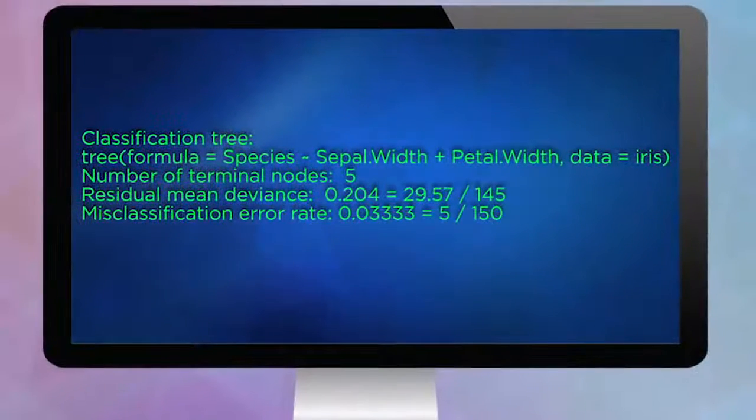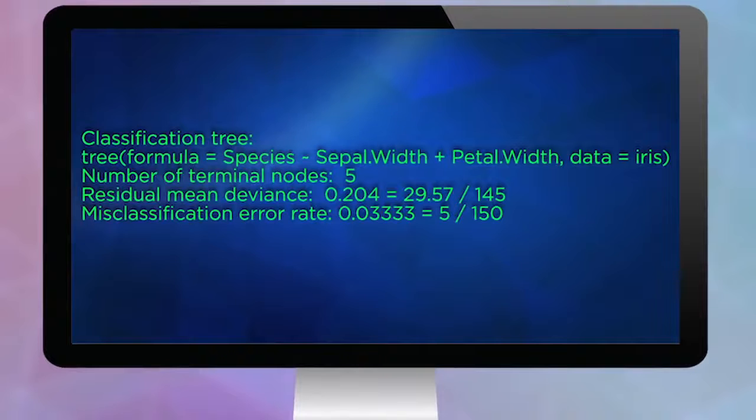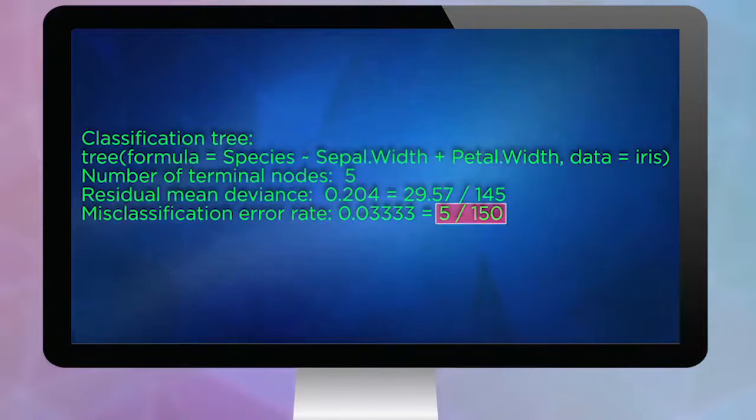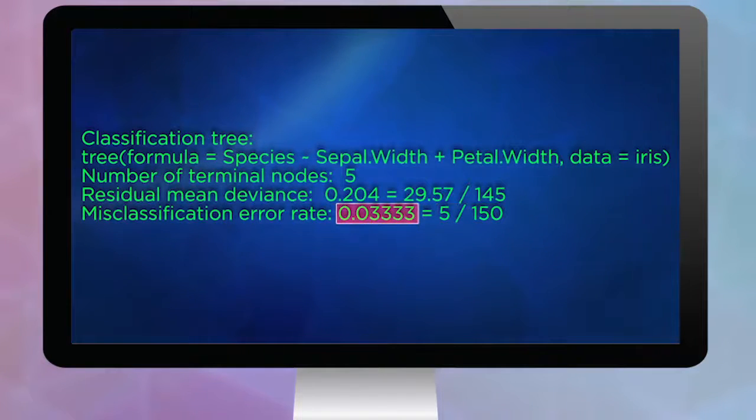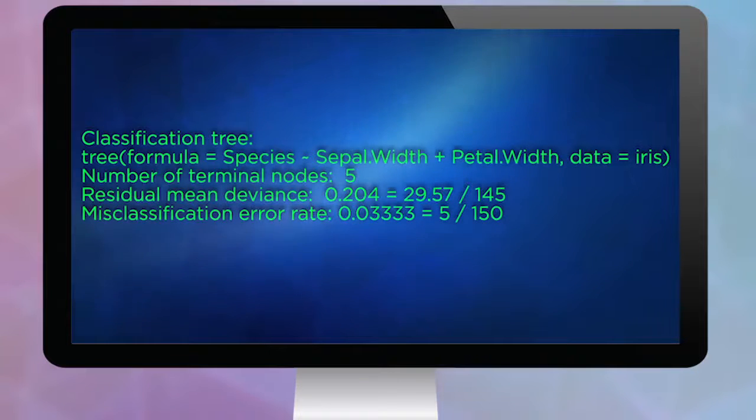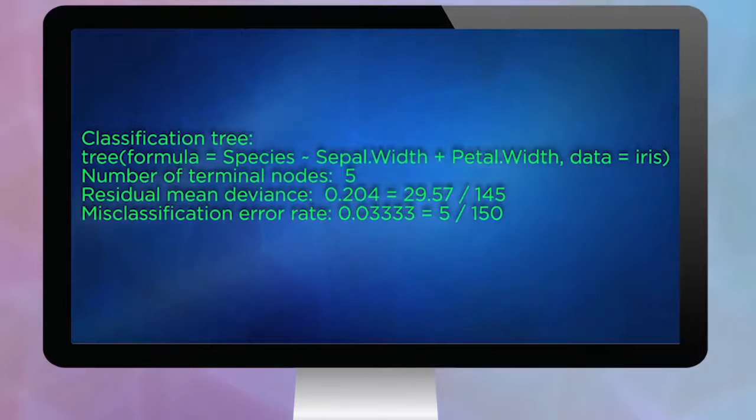Notice here, of our 5 nodes, our classification tree only misclassifies 5 out of the 150 flowers for a misclassification rate of around 3%.